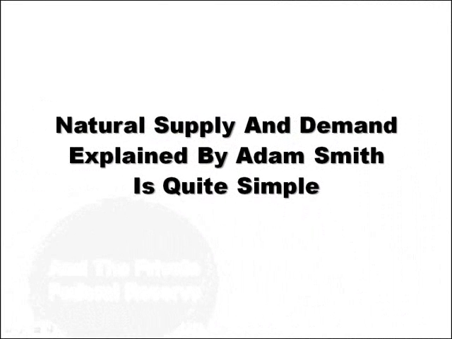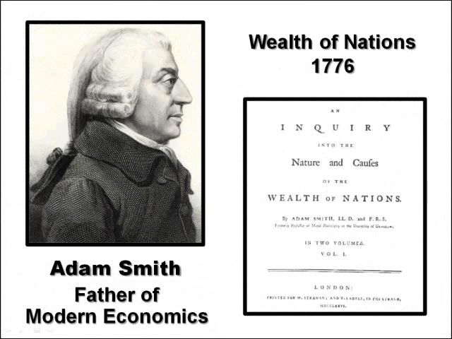Now we're going to talk about the natural supply and demand explained by Adam Smith. The natural supply and demand is quite simple. Now, Adam Smith wrote Wealth of Nations in 1776. The former professor of moral philosophy at the University of Glasgow.